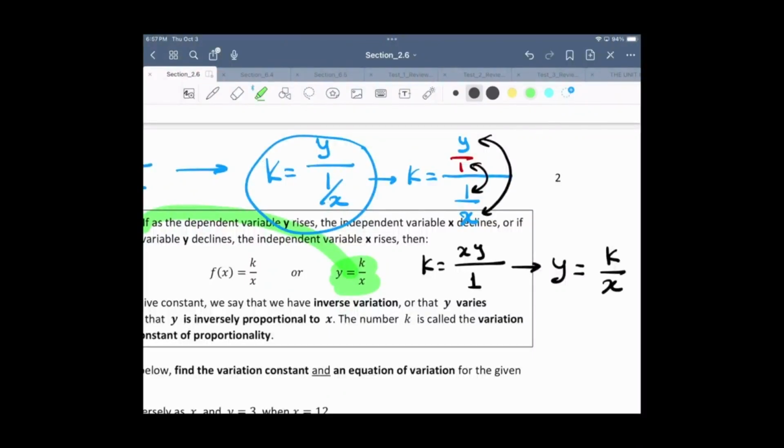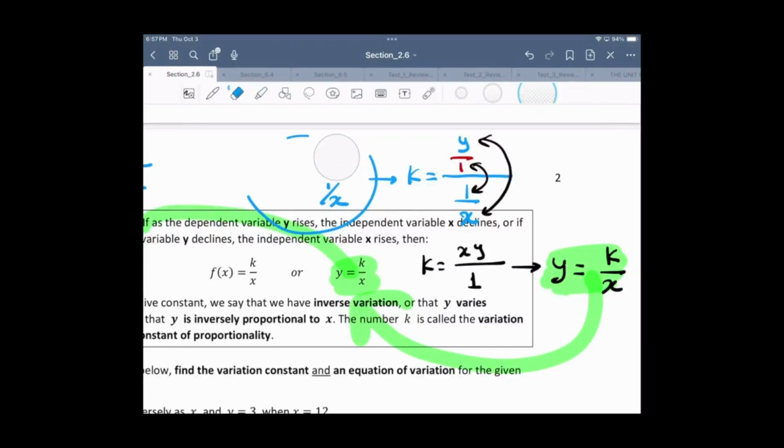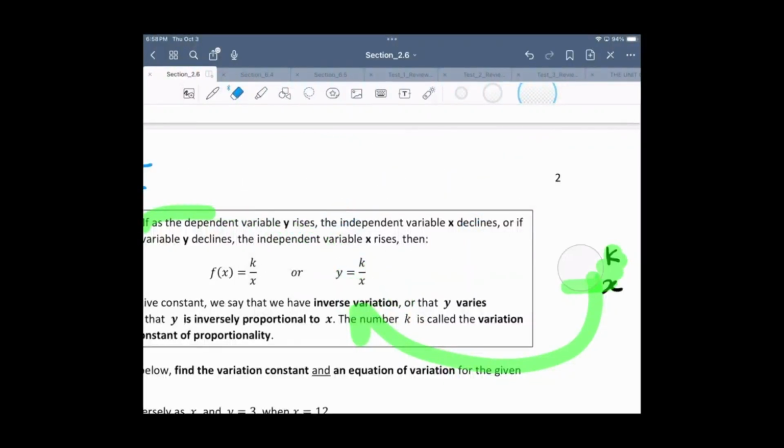Now this result is exactly what we have here, right? So this is just to show how this formula was derived. Everything you need to know about how it was derived is on the screen right now. Okay, so that's how we have the formula for inverse variation, and earlier we talked about the formula for direct variation.